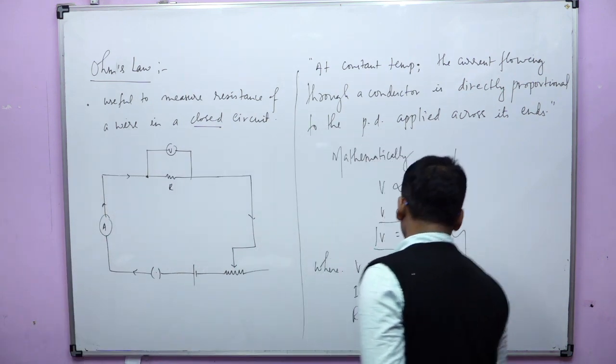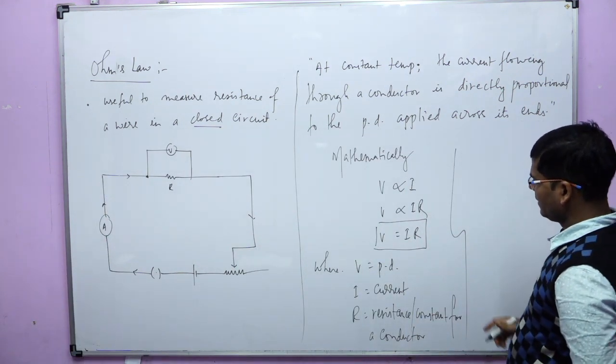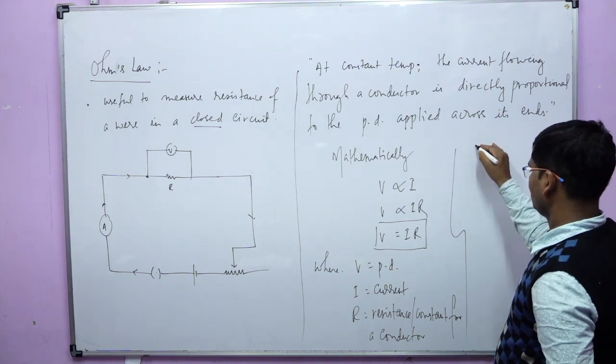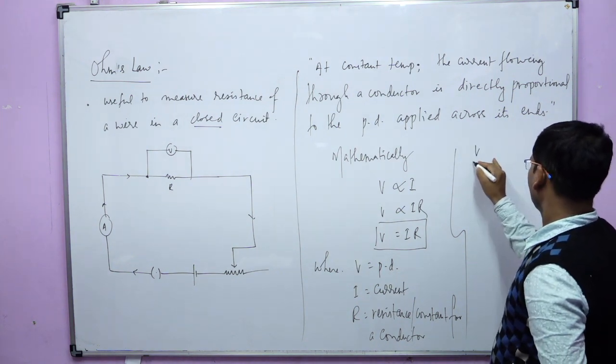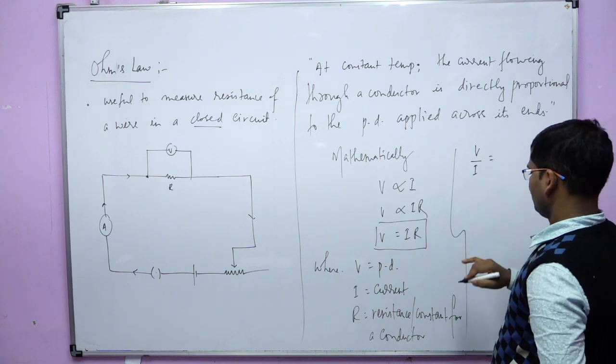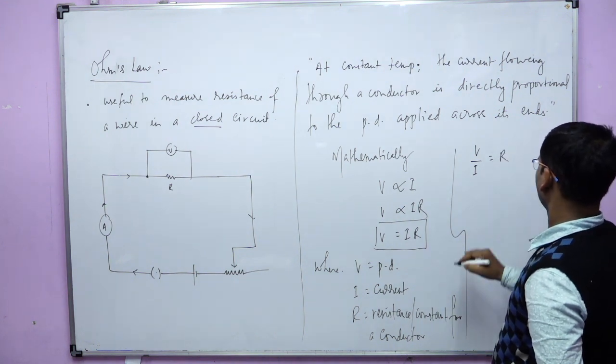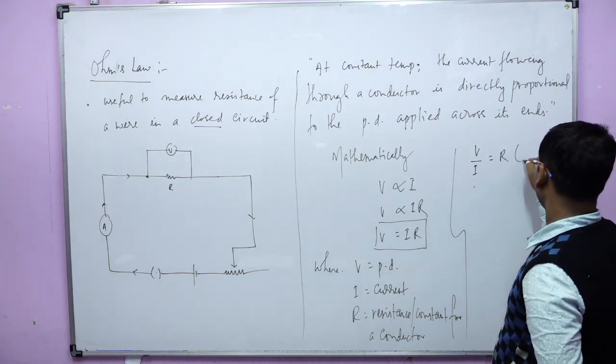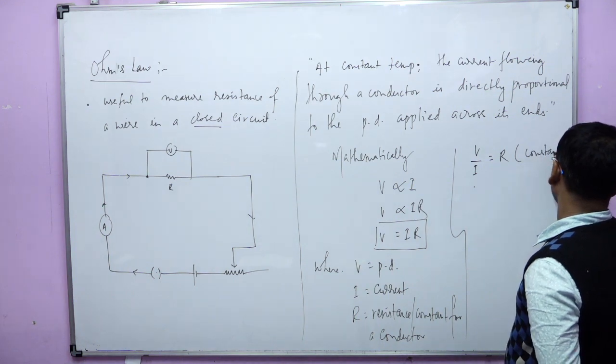So since it is constant, how will we write? We can write V is equal to IR, so V upon I is R, or V by I, this one is constant.